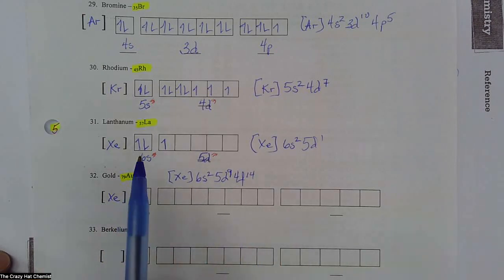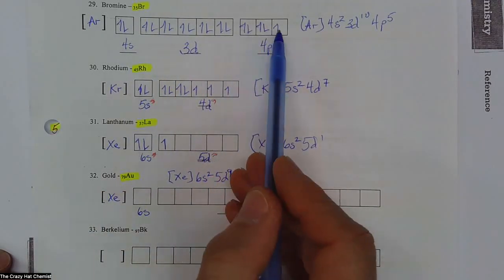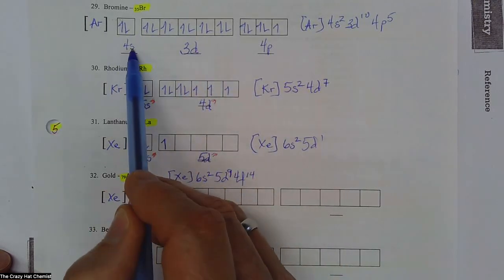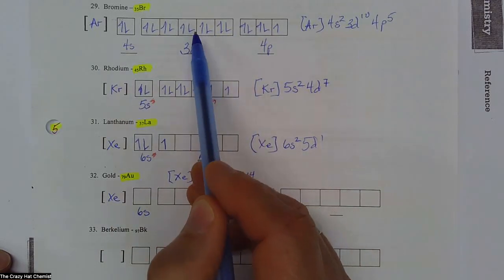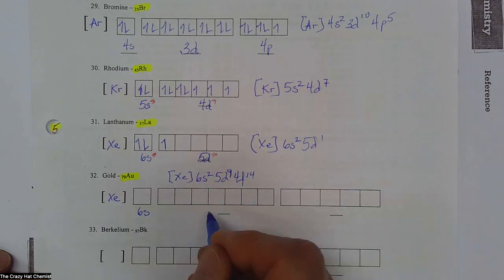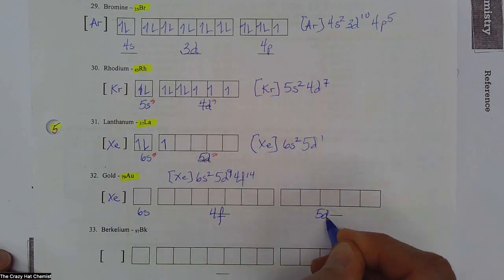So remember, as we have done before, if we look here at the top, 3 boxes are P's, 5 boxes are D's, 1 box is S. So 1 S, 3 P, 5 D, 7 for the F's. 1, 2, 3, 4, 5, 6, 7. So this is going to be 4F. 1, 2, 3, 4, 5. This is a 5D.